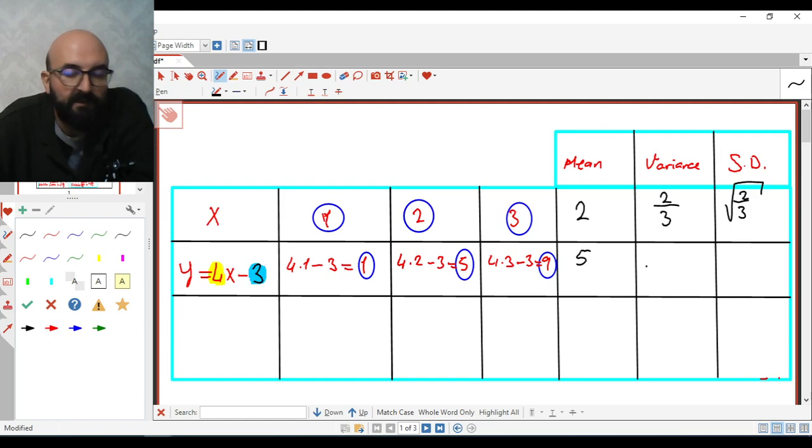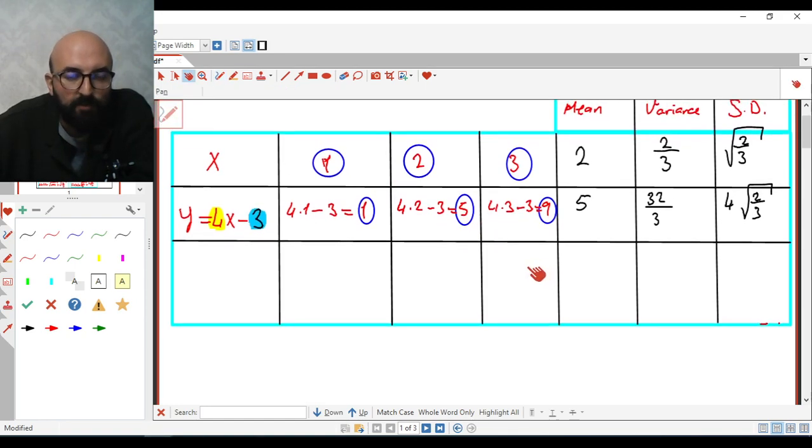And the variance of y, as I found, is 32 over 3, and the standard deviation, as I found, is 4 multiply the square root of 2 over 3.